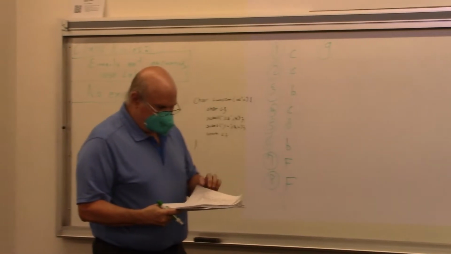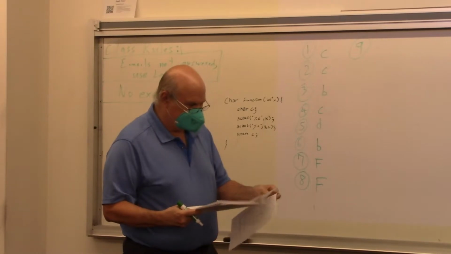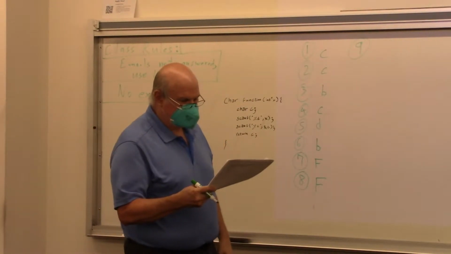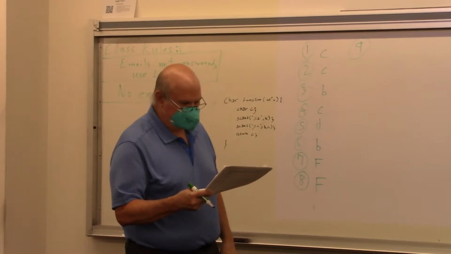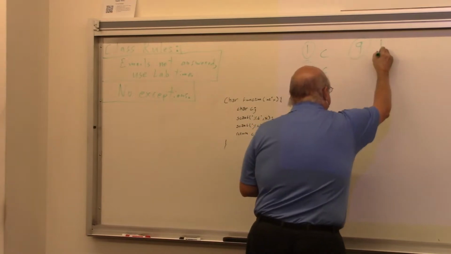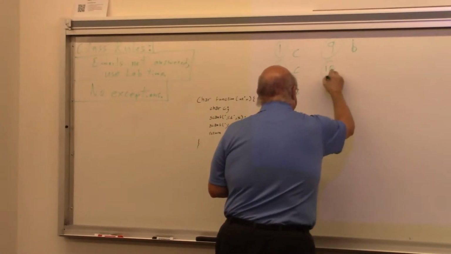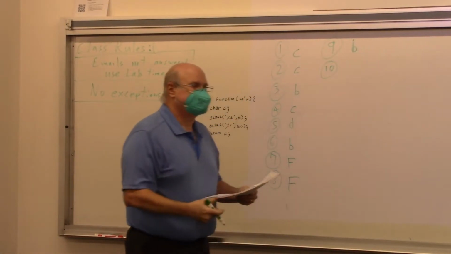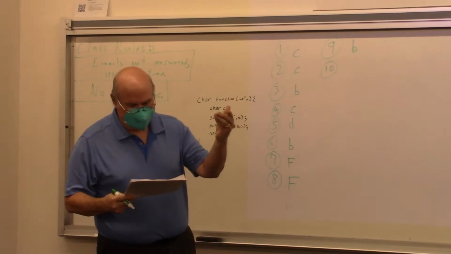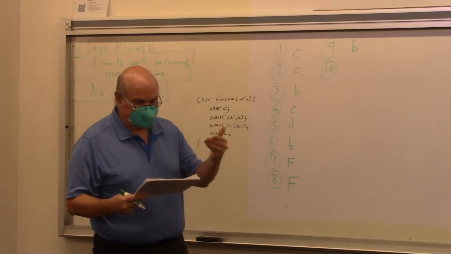Next, number 9. Hang on, let me read the question. Number 9. What is the output for the following code fragment? B. Why? That's a hard question. Let me look at it first. On some conditions, we're executing the continue.